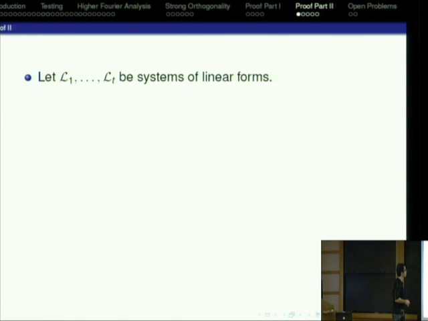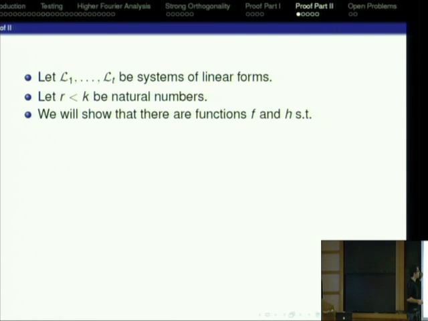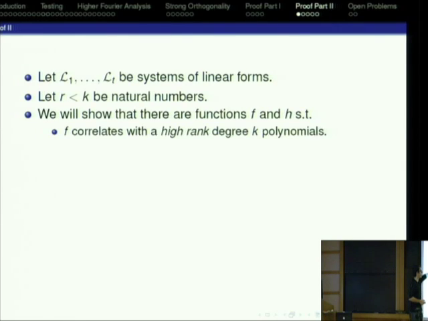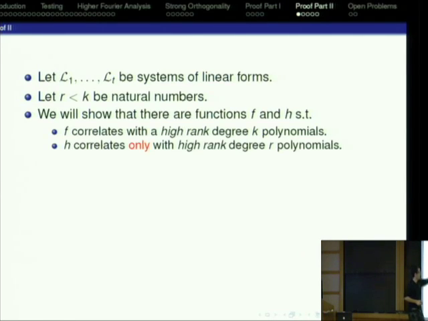So how does the proof go for the second part? Consider some system of linear forms L1 to Lk and some degree r which is less than k. To prove the second part, I'll show that there are functions f and h such that f correlates with a high rank degree k polynomial, so we have to accept f. H correlates only with high rank degree r polynomials.